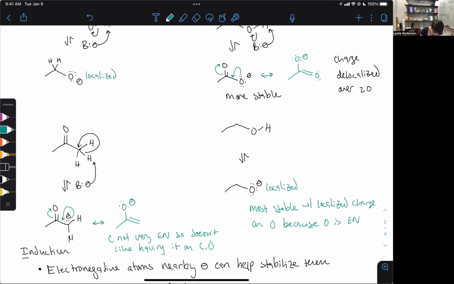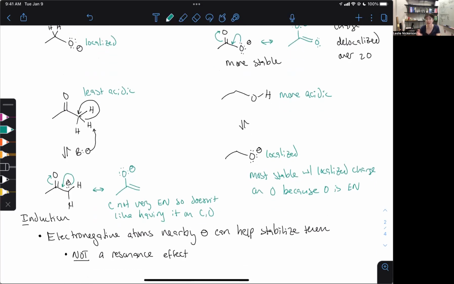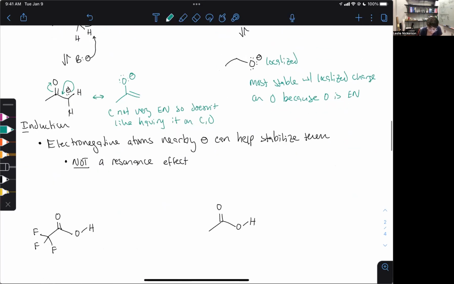But at the end of the day, this is more acidic than this is. And to be fair, they are fairly close. We'll be talking about a quantitative way of determining acidity, so that when you've got a situation like this where it's close, we will have a more defined way of delineating these two acidities. This is something I wouldn't necessarily expect you to pick up on just using ARIO, but I want you to be sure that you're thinking about all these things together and not just going, oh, there's a ton of resonance, therefore it is the more acidic one.